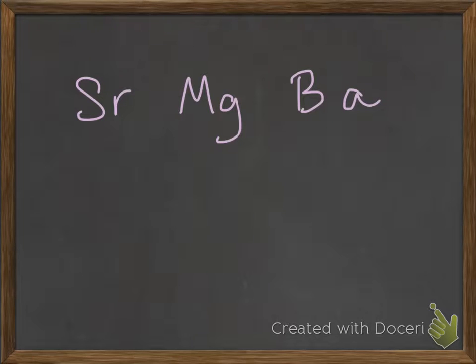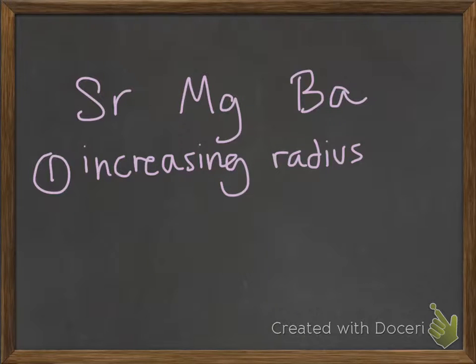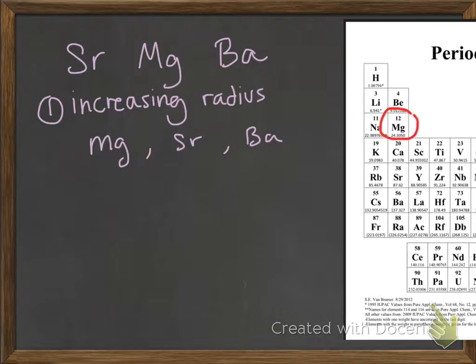So if I took strontium, magnesium, and barium, these are all group 2 elements, and asked you to arrange them in order of increasing radius, how would you do that? So that's smallest radius to largest radius. Would you say magnesium, strontium, barium? Of course you would, because that's how we find them going down the periodic table: magnesium, strontium, and barium.